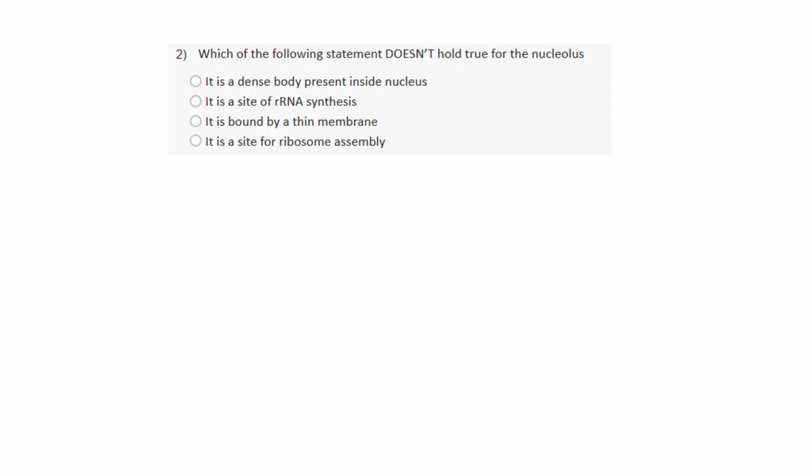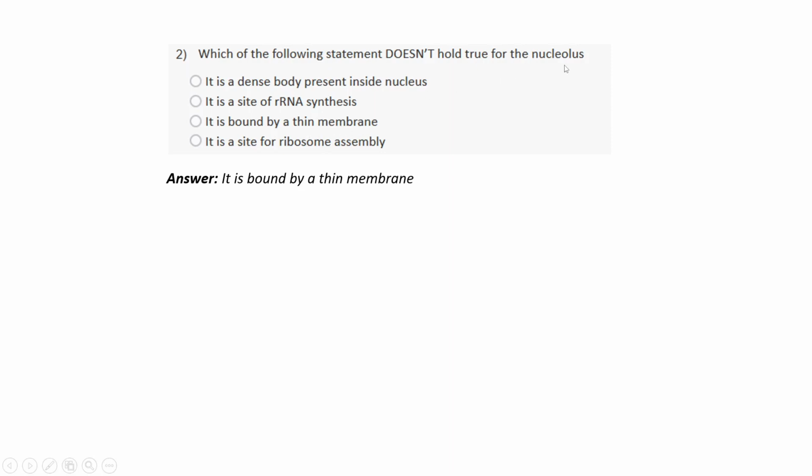Option C we got from two students, Option B and D. We need answers from at least two more students. Yeah, go ahead. What could be the correct answer? Option C. Okay. So option C is the correct option. It is bound by a thin membrane.